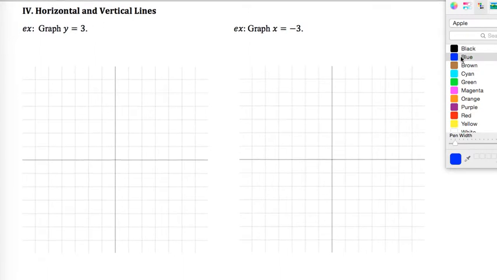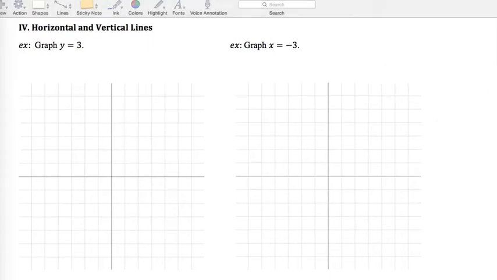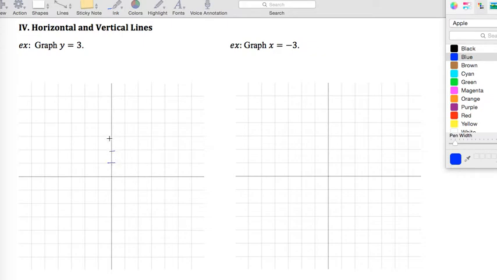So here's y equals 3. Here we go, 1, 2, 3. There's y equals 3, so for all these x's, y is always 3, and for all of those x's, y is always 3. So it's a horizontal line, and you have y equals your number.